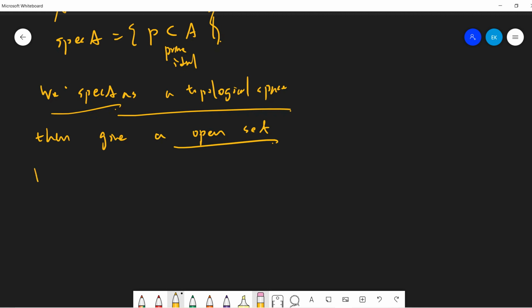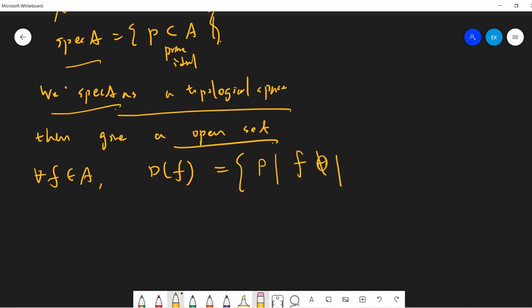For f belonging to A, I can define D(f). D(f) is a set of points in Spec A. The points in Spec A are prime ideals of A, so D(f) should be defined to be the set of such p such that f does not belong to p.